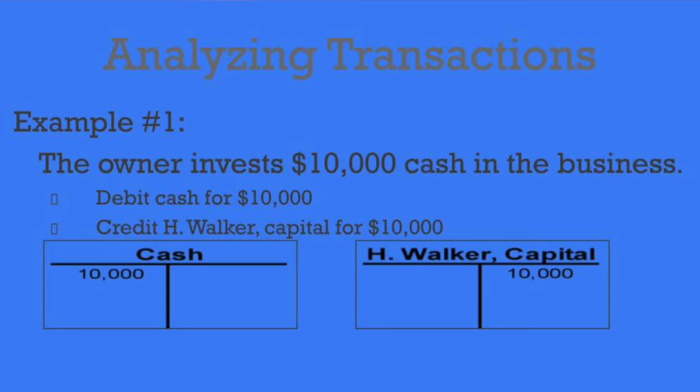Our cash account will go up by $10,000, so we'll get out our T account and add $10,000 to the left-hand side, which is the debit side of the cash account. The other account that's affected is the capital T account for Walker. That account goes up by $10,000, and we know that an increase in capital is a credit, so that account would increase by $10,000.